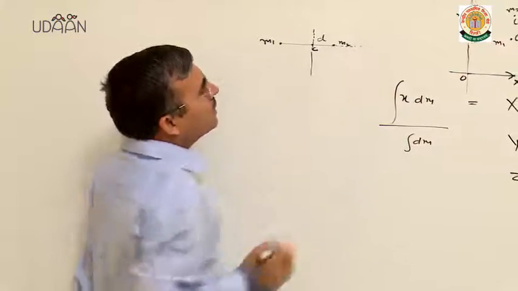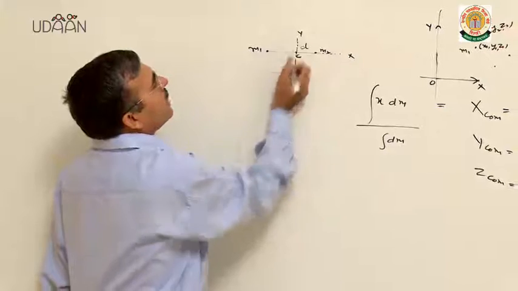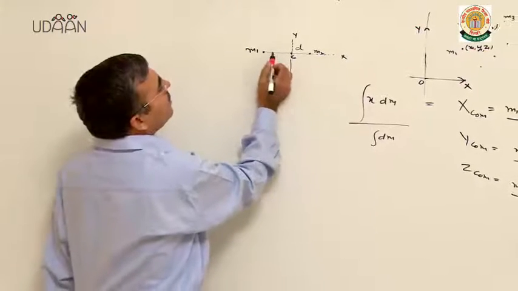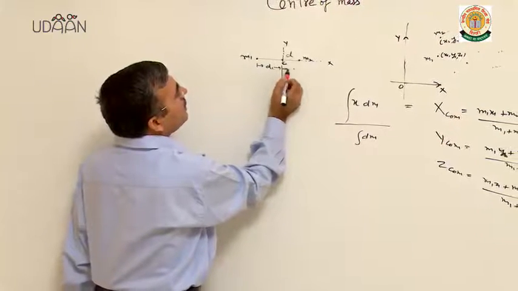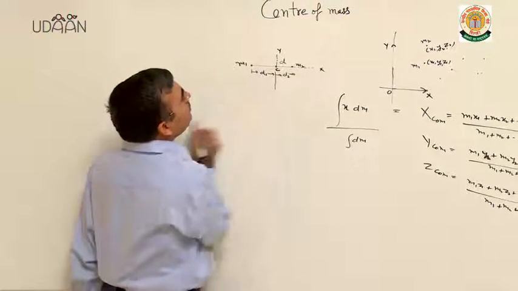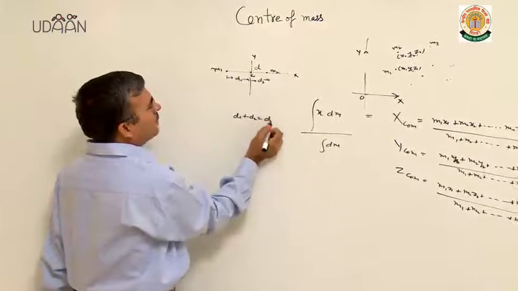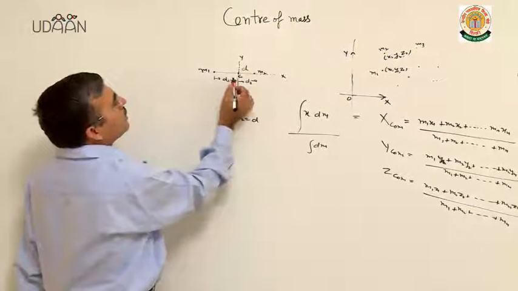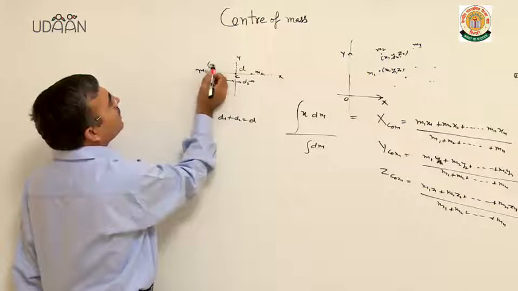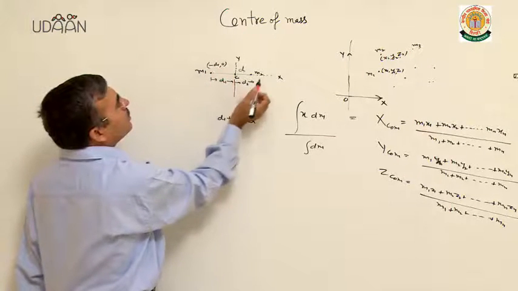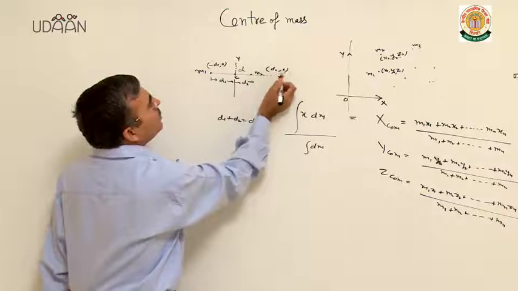We can take the origin at any point, it is our choice. X-axis, y-axis. Suppose this distance is d1, and this is d2. So d1 plus d2 is d. C is the origin. Coordinate of m1 will be minus d1, 0, and of m2 it is d2, 0 in two dimensions.